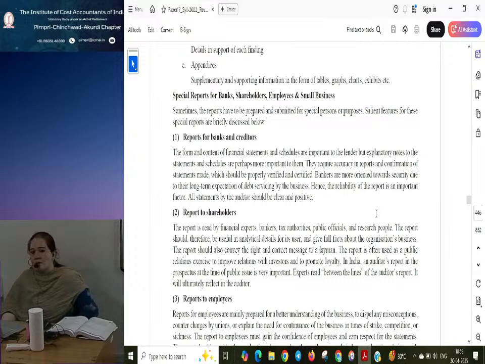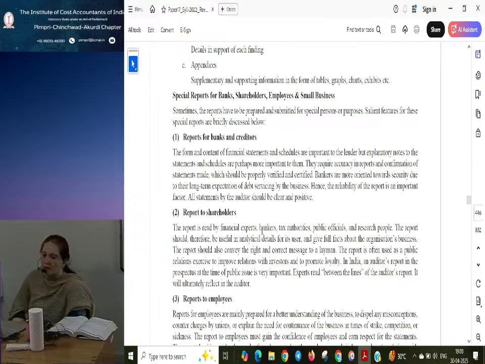Then coming to reports to shareholders. Shareholders will be much interested in not just profits but also the growth of the company. So what are the things that you need to include in it? For example, the report is read by financial experts, bankers, tax authorities, public officials and research people.